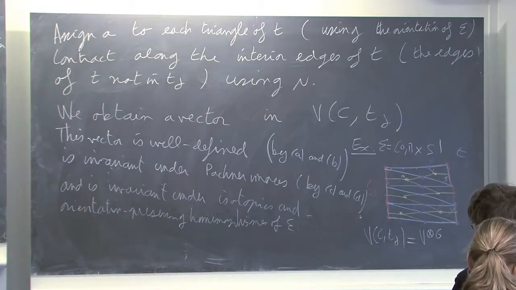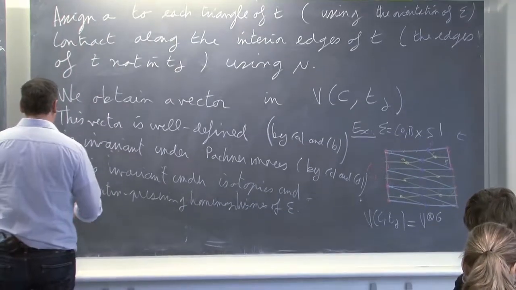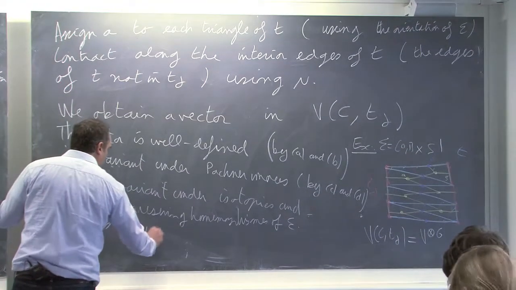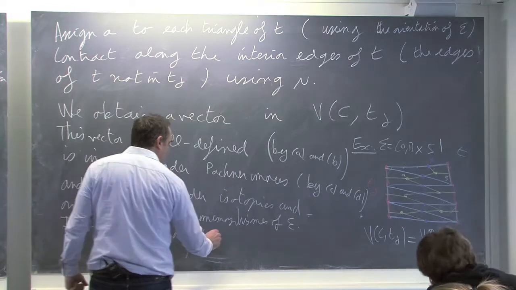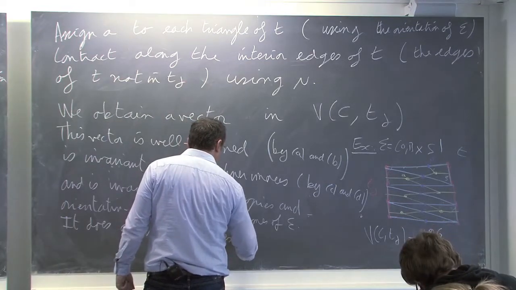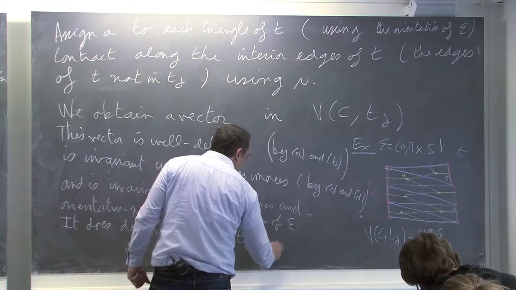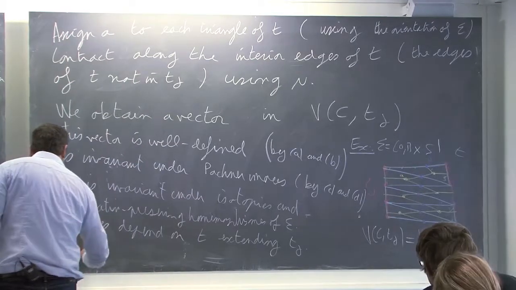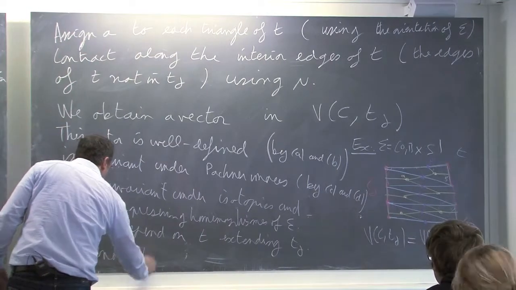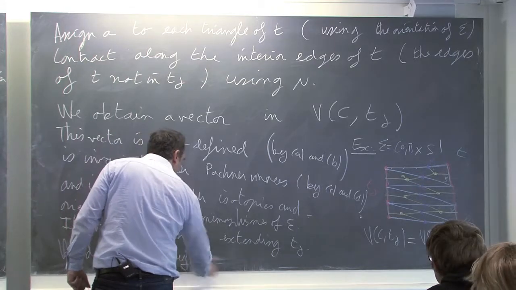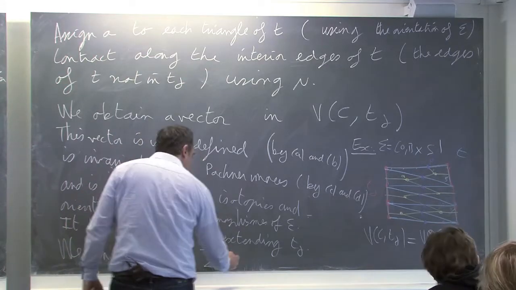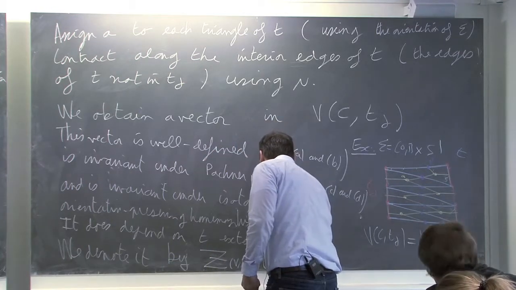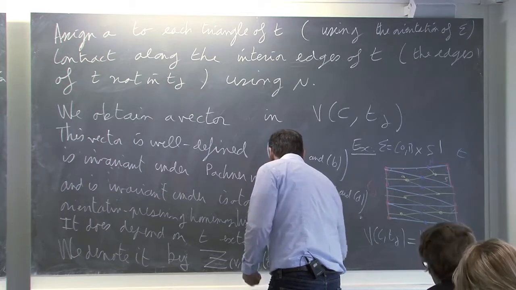So in particular, it does not depend on T, on the triangulation of the surface extending that of the boundary. And so we denote it by V_{A,mu} of Sigma, T_delta.